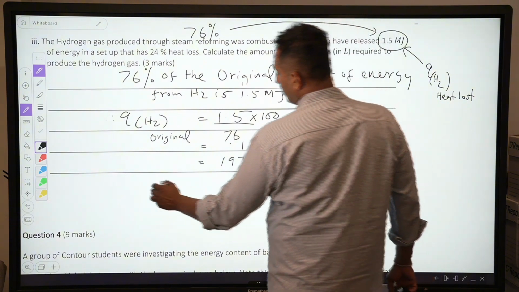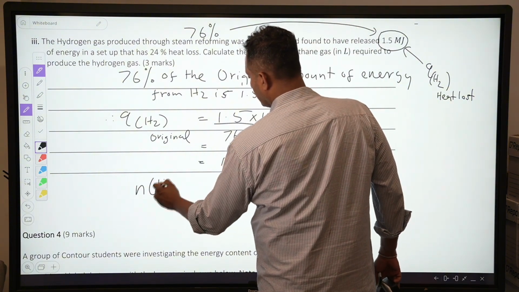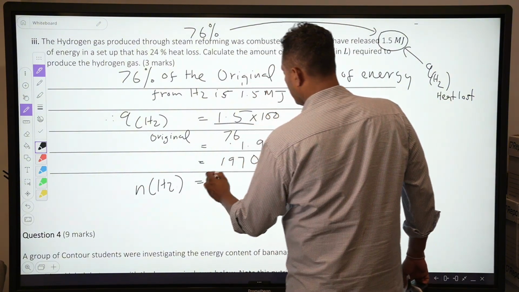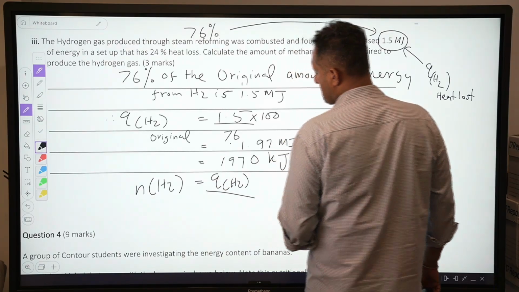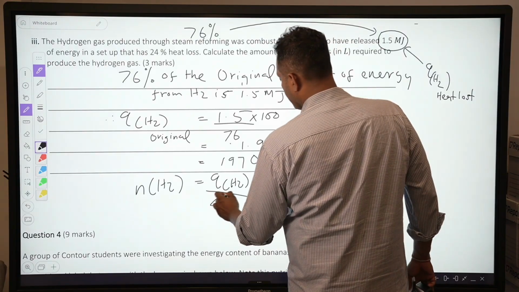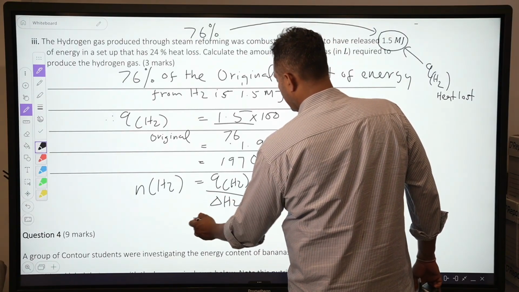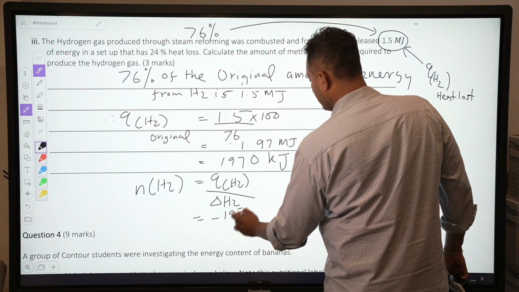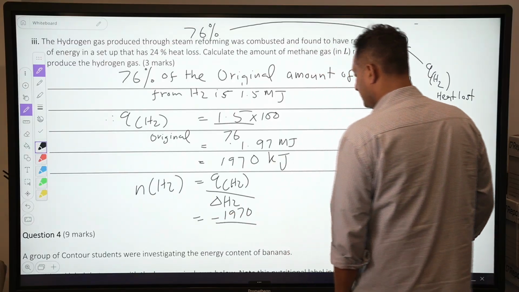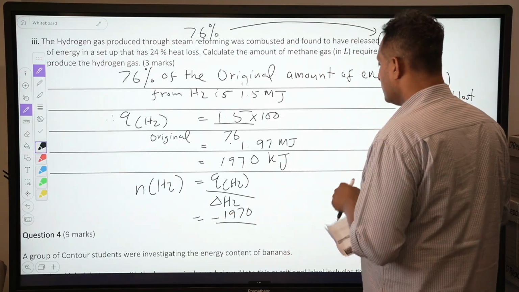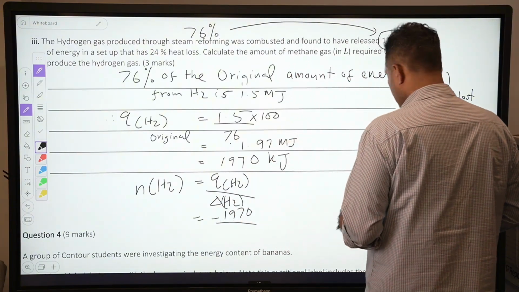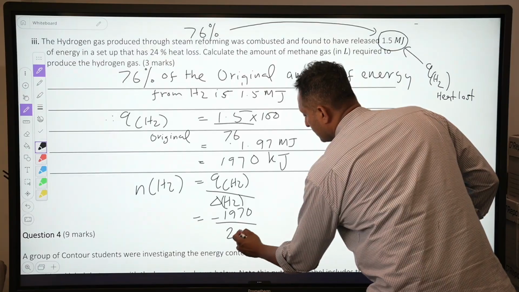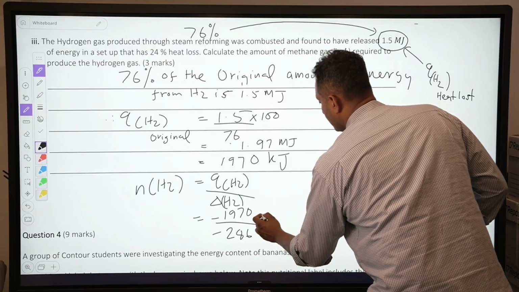So then find the number of moles of hydrogen. To do that, Q hydrogen divided by what? Delta H of hydrogen, which is minus 1970 divided by, okay, delta H of hydrogen is, do you remember the delta H? Minus 286.